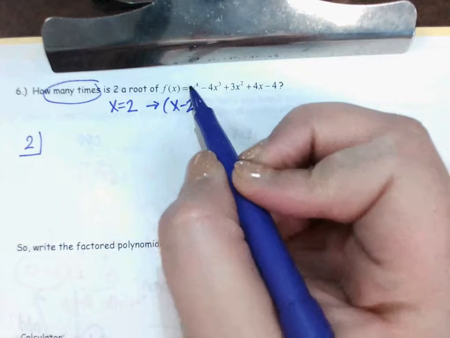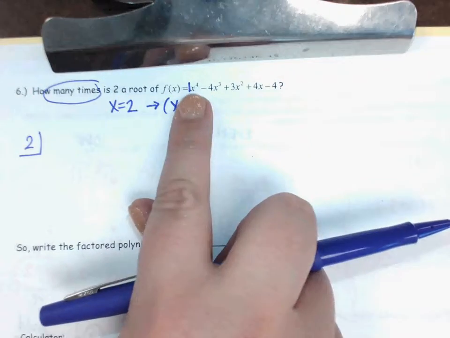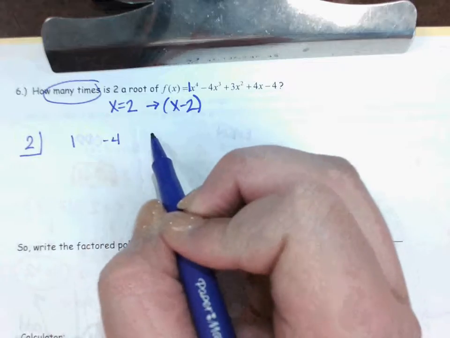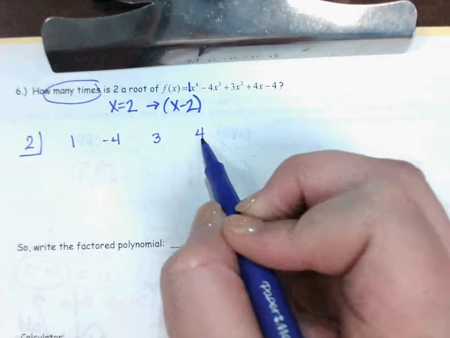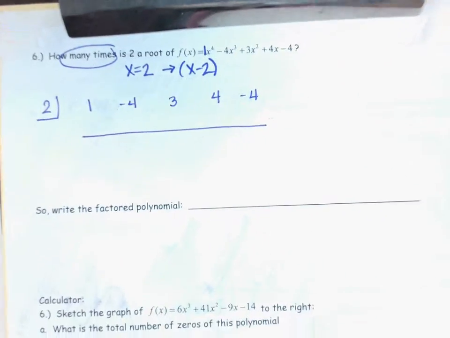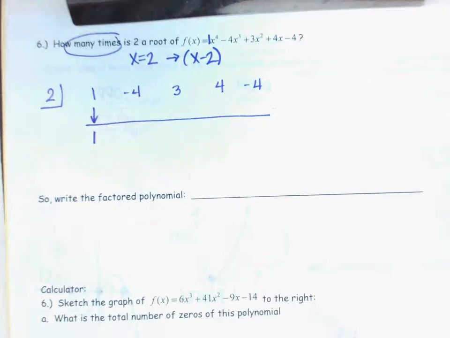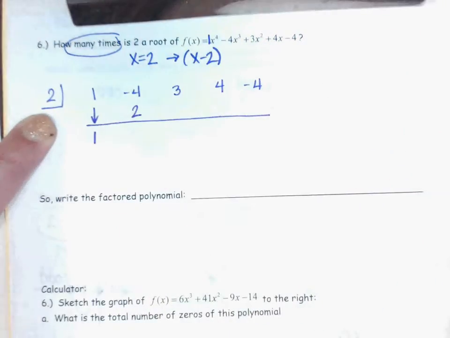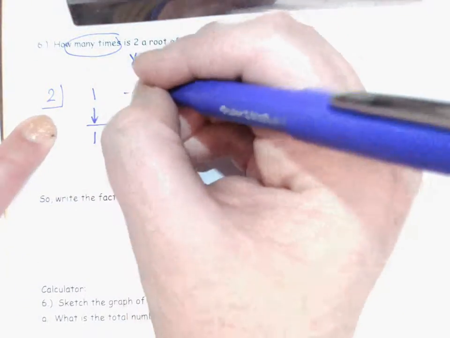So for my first one, x to the 4th, that counts as a 1 in the front. So I'll have 1, negative 4, 3, 4, negative 4. First number, what do we do? Carry it down. This part should be easy. Then 1 times the box, 2. Then I take that column, add it up.